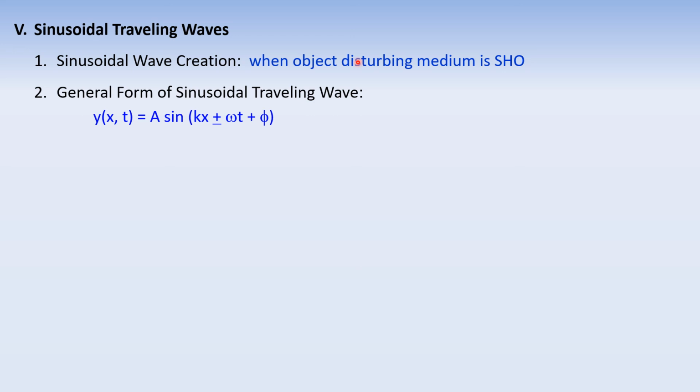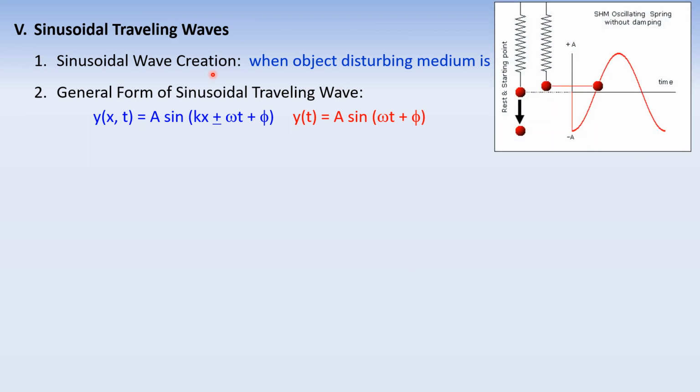And I want to show you that if we start with the simple harmonic oscillator itself, what I'm showing you in red here is the equation of motion of the simple harmonic oscillator. On the graph here, we're looking specifically at a particle moving on the end of a spring, a point mass moving on the end of a spring.